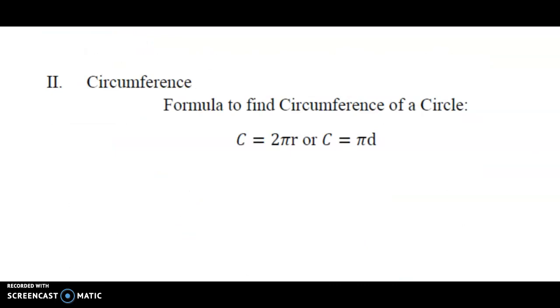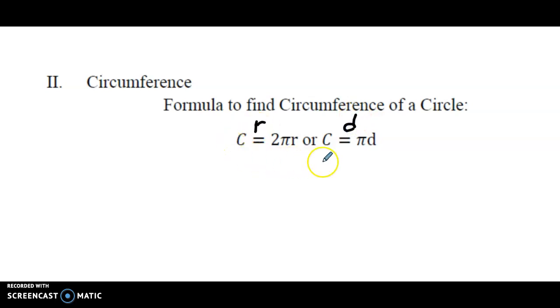To find the circumference of a circle, we have two formulas which we can choose from. The first one here is C equals 2 times pi times the radius of a circle, and again you're going to use this one when the radius is given in the circle. And we have C equals pi d, and we use this one when the diameter is given in the circle.